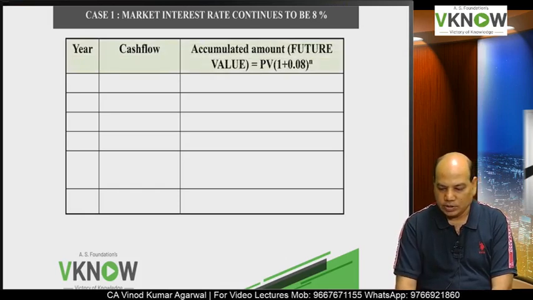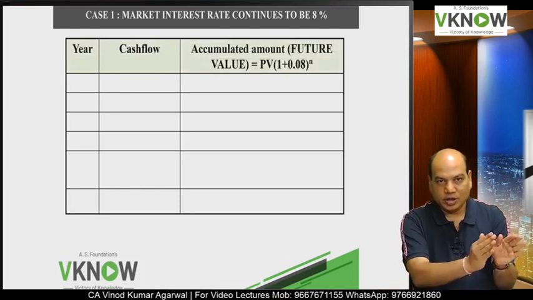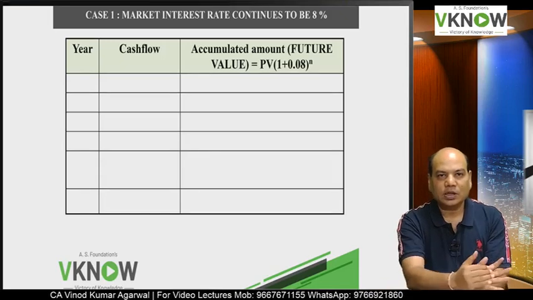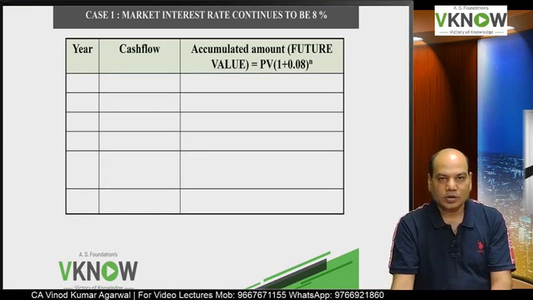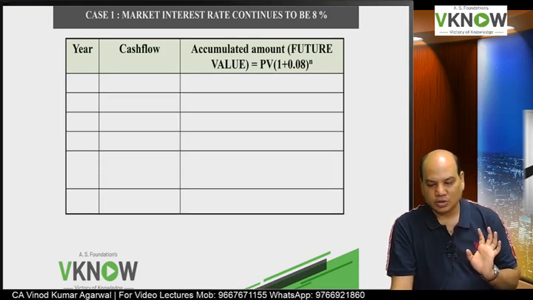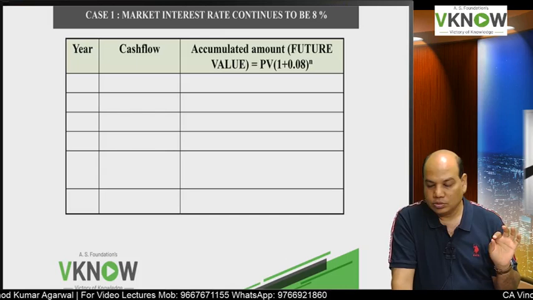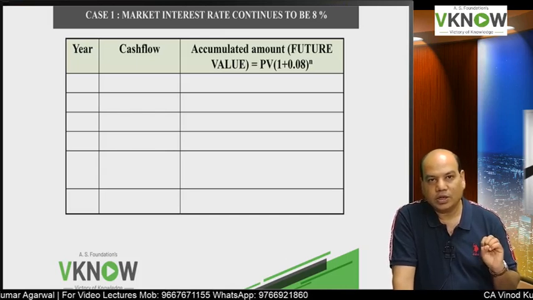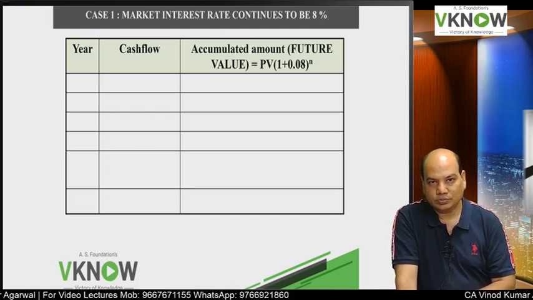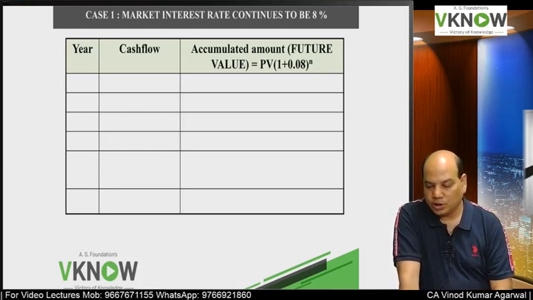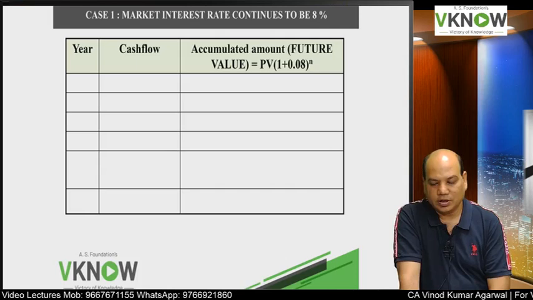Draw one table. I will reinvest the coupon at 8% and I will sell the bond after 5 years using 8% discount rate. So first column is year, cash flow and accumulated amount means future value. Future value is equal to present value into 1 plus 0.08 to the power n.